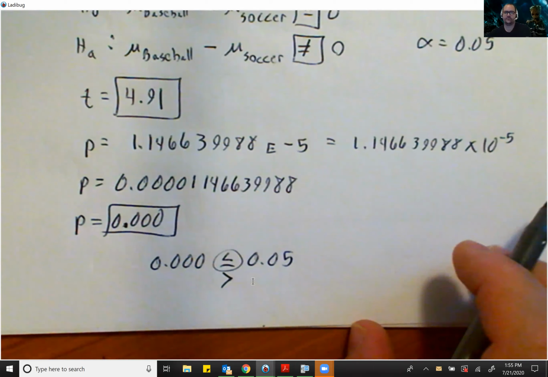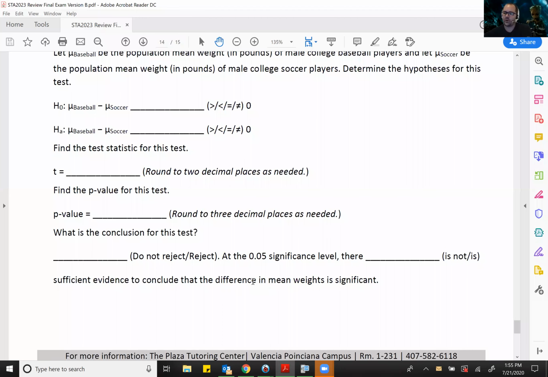So we're going to come back here. And in this blank, we're going to say reject. And then over here at the 0.05 significance level, there is sufficient evidence to conclude that the difference in mean weights is significant. So you're going to select the word is. We have sufficient evidence. And that right there is the exam.